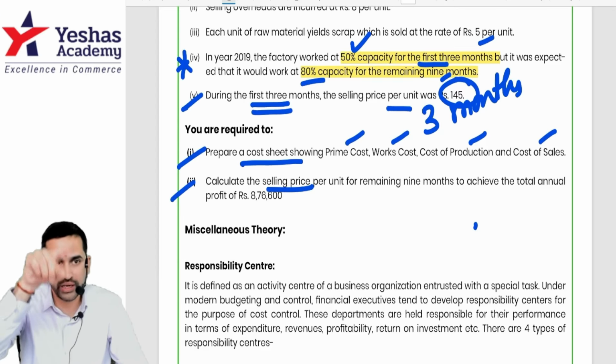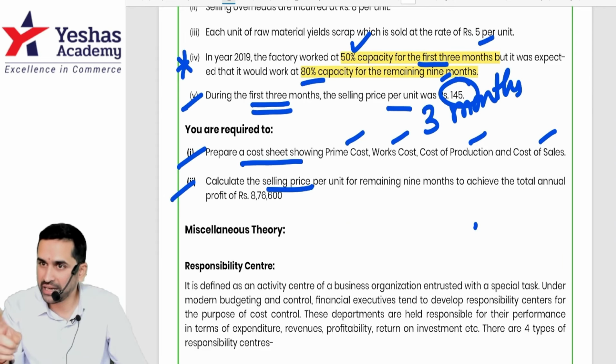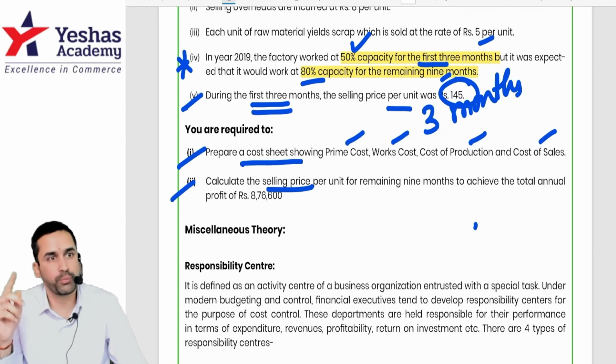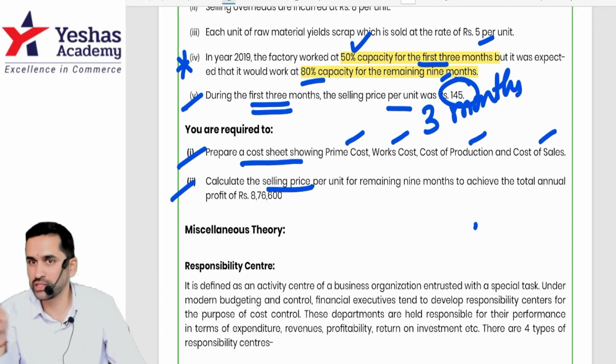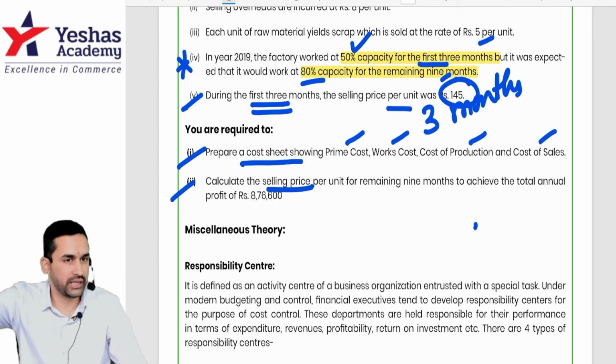That means out of 876,600, 1 lakh has come from first 3 months. Then the balance profit should come from 9 months. Correct? And then you prepare cost sheet for next 9 months, get total cost, add that profit, get the sale. That we divide by number of units, get the price. You won't get the flow till the end. I'll explain. But overall, at least roadmap should be ready.